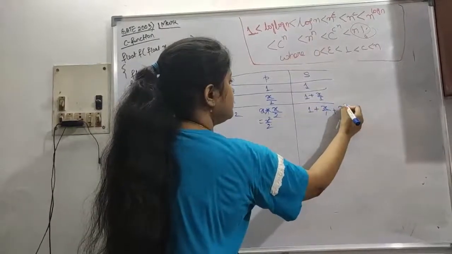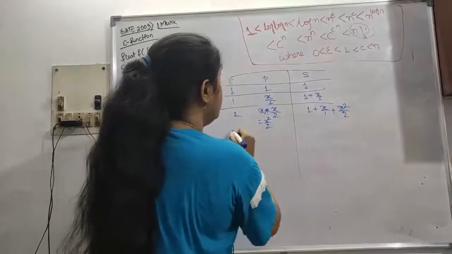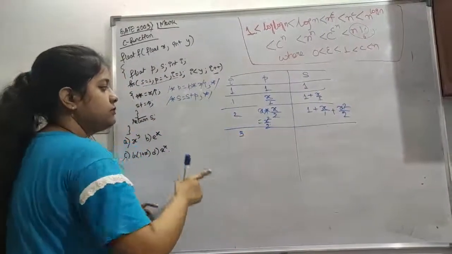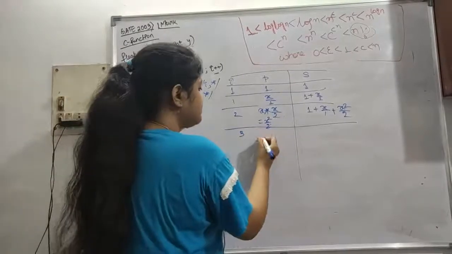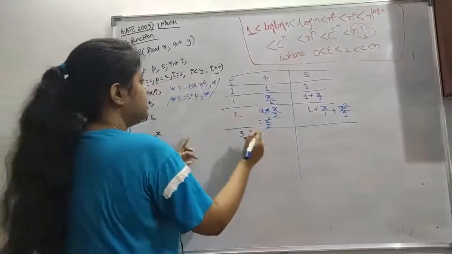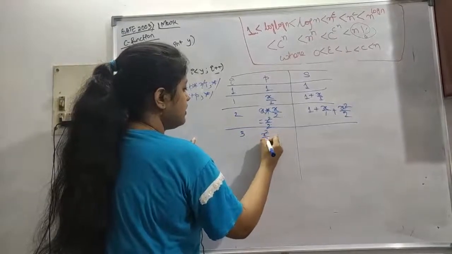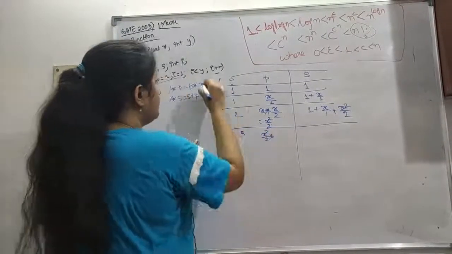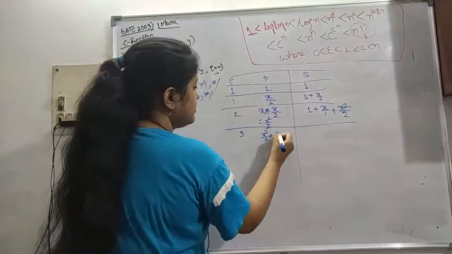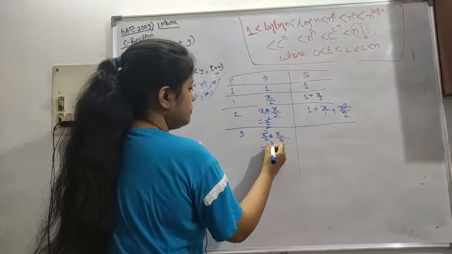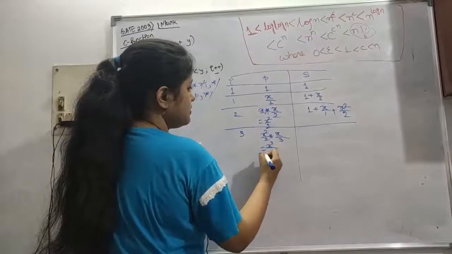P value is added. Now I is again incremented to 3. Now the same way, p into x by I. P was x square by 2, into x by I, where I is 3. So this is x cube by 6.